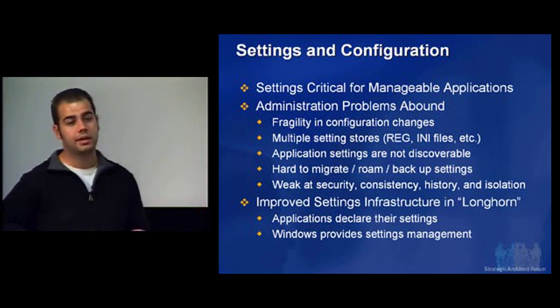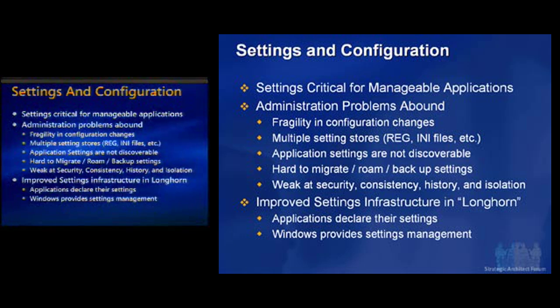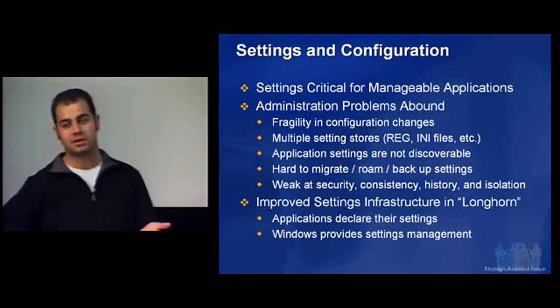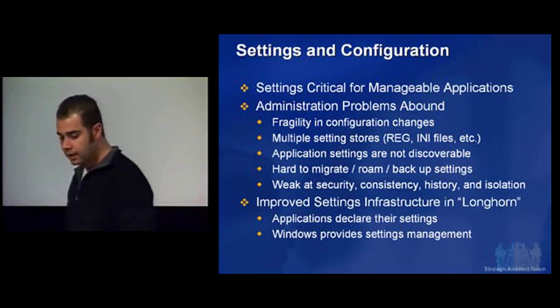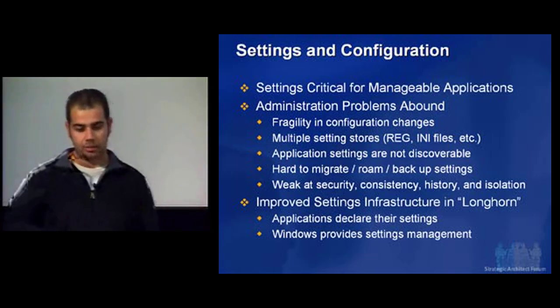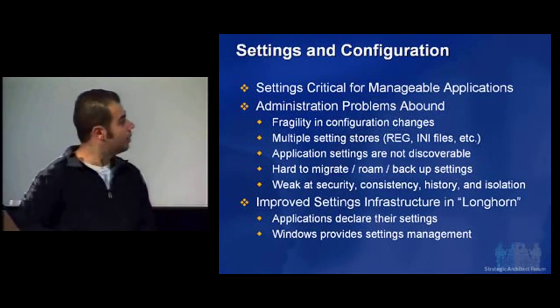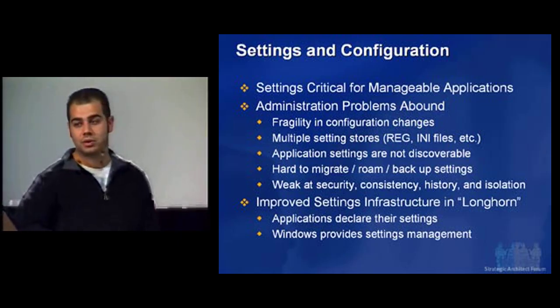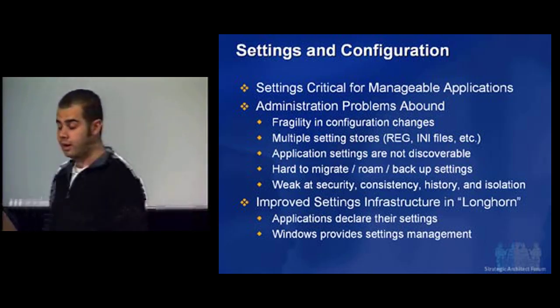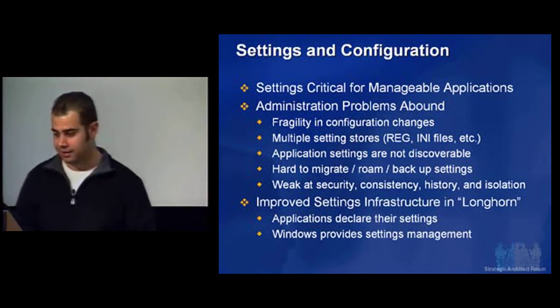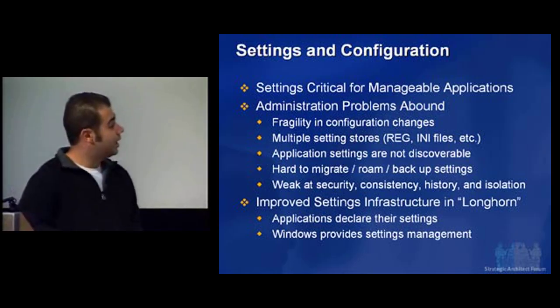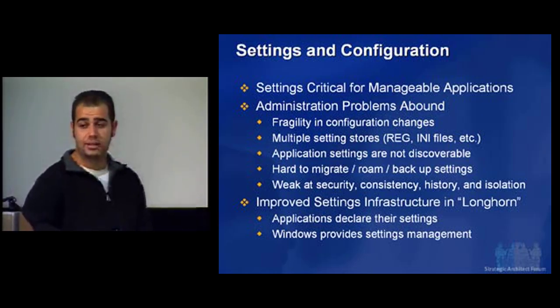And if they're done, they're usually done in a very application-specific way. There are no common services for doing these things, and so you end up with a pretty fragile world. Making changes is perceived as very, very scary. And so in the Longhorn timeframe, we're actually thinking about how to improve the setting infrastructure.